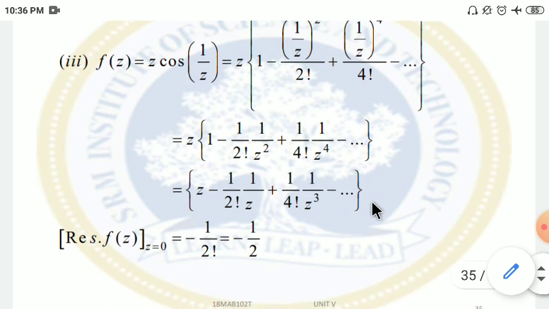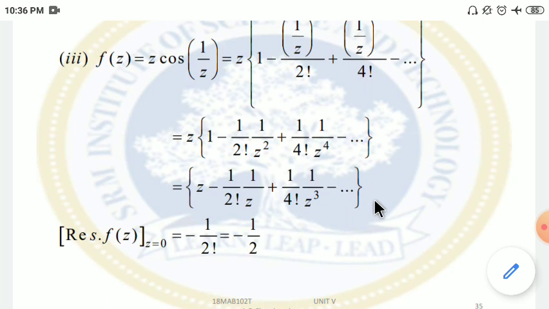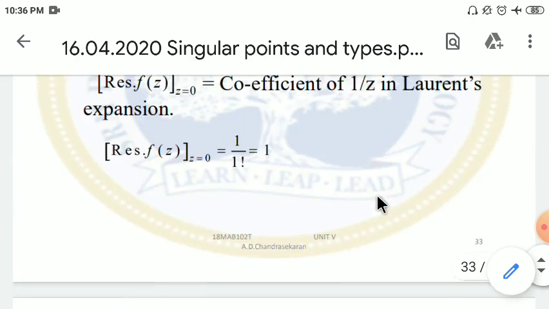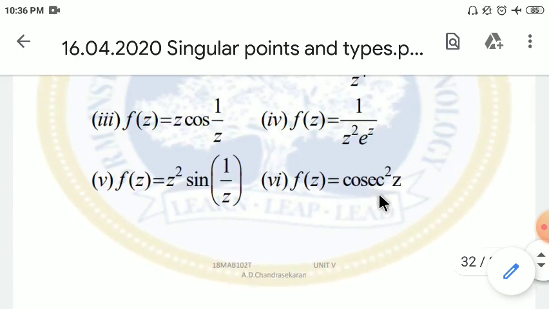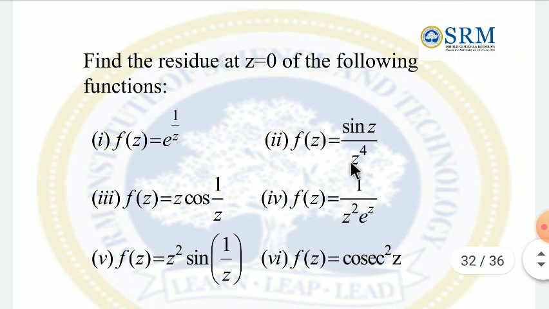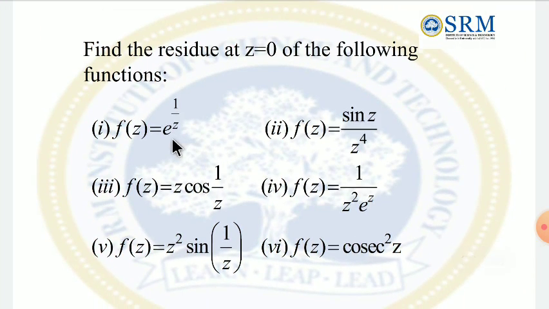So continue like that. You may find out the residue of f of z for the functions at the pole z equal to 0. So these are some problems. I think we have discussed the first 3 problems, 1, 2, 3. The remaining 3 look like the same way. You can use the exponential function.